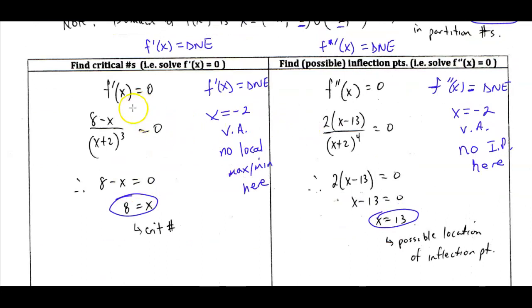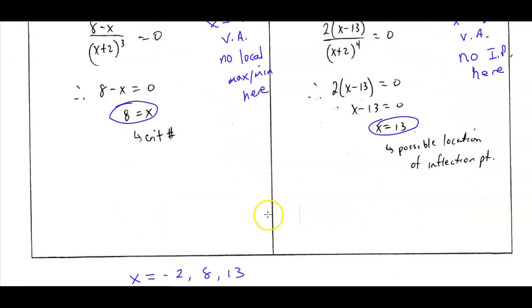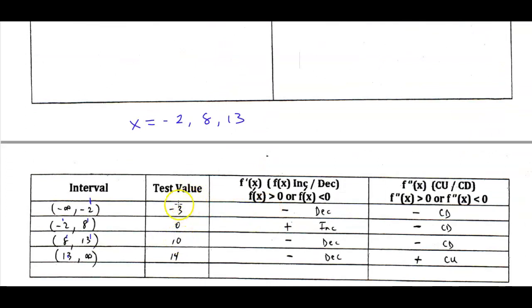We took our first derivative and second derivative. We plugged in those values of x into them, meaning our test values that we picked. So we plug all these values here, 3, 0, 10, and 14 for each interval respectively, into our first and second derivative to see the outcome. I'm not going to go through that again this time. We see that that's what the outcome ends up being.